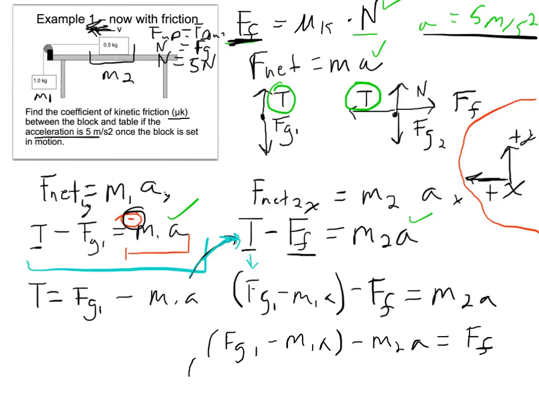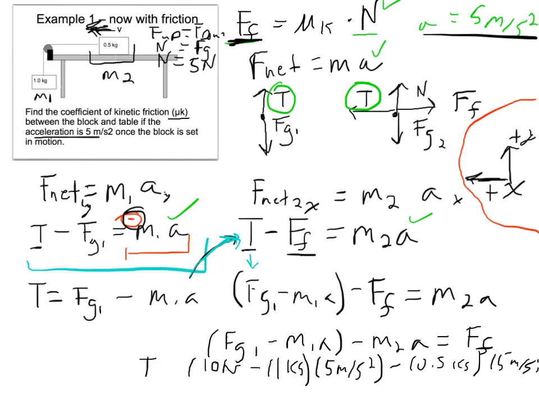Fg1, that's a 1 kilogram mass, meaning its weight is 10 newtons, minus the mass of that box, 1 kilogram, times the acceleration of that box, which the problem tells us is 5 meters per second squared, minus the mass of box 2, 0.5 kilograms, times the acceleration, 5 meters per second squared, and all of that equals the force of friction.